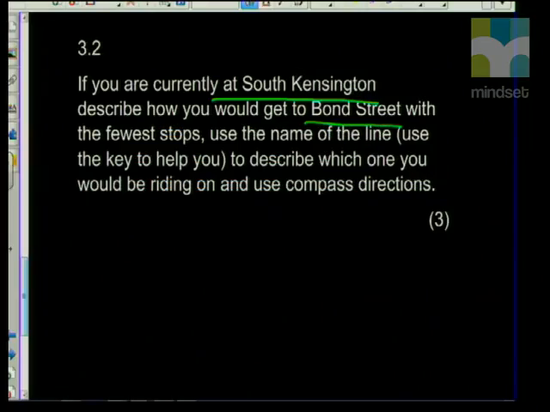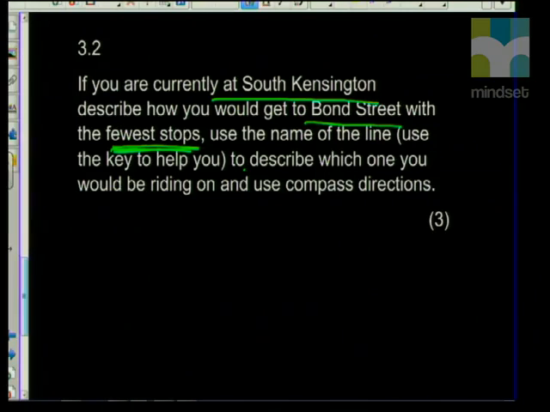So it says, if you're currently at South Kensington, describe how you get to Bond Street with the fewest stops. Obviously there might be more than one way, but you need to go the one that's got the fewest stops. Use the name of the line, use the key to help you, to describe which one you would be riding on and the compass directions.